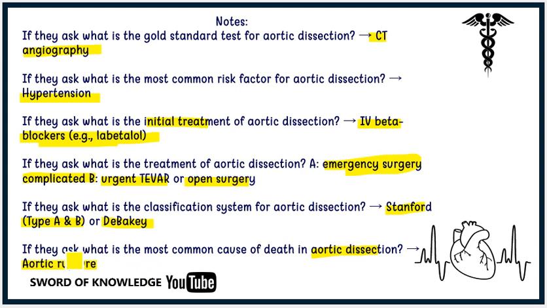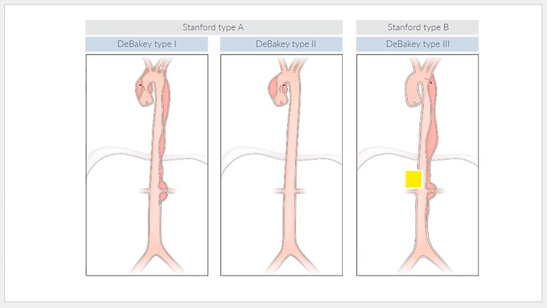Now coming to the classifications, there are two types of classifications, Stanford and DeBakey, and Stanford has further types and DeBakey also has further types. Let's go to the image. In this image, I am going to show you two classification systems. One is Stanford, the upper side.